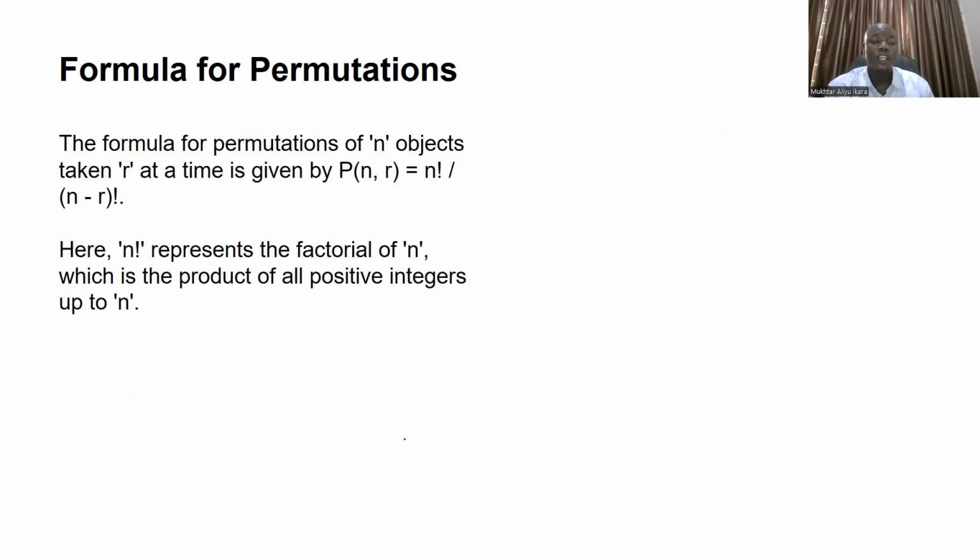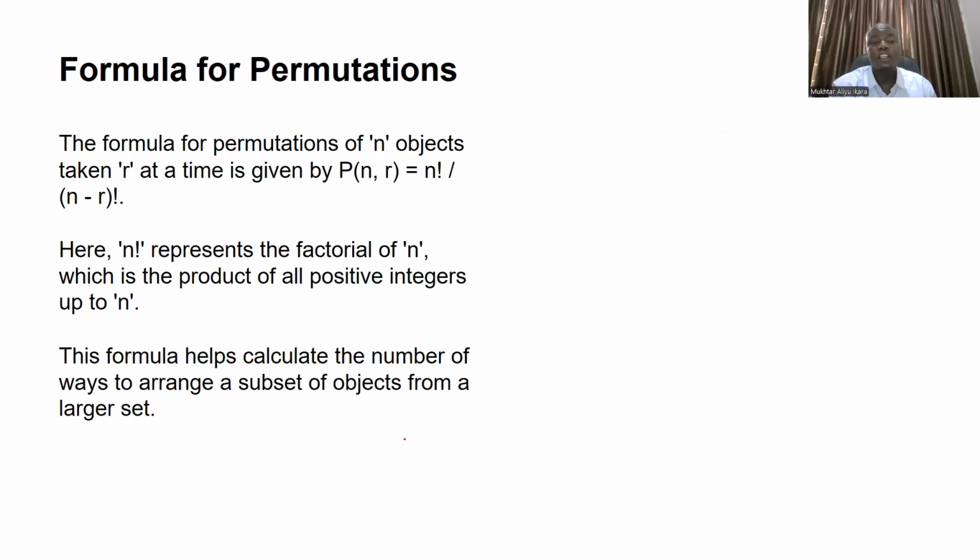Here n factorial represents the factorial of n, which is the product of all positive integers up to n. If you want to understand this, watch my previous video on factorial of a number.